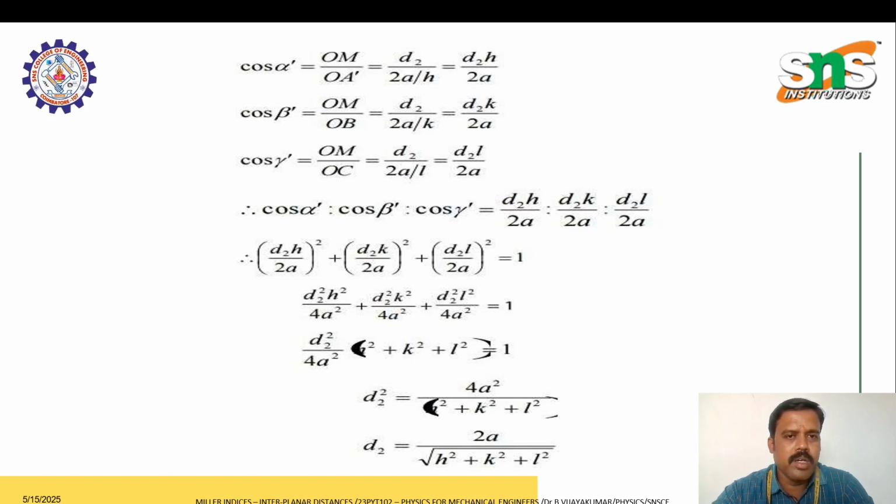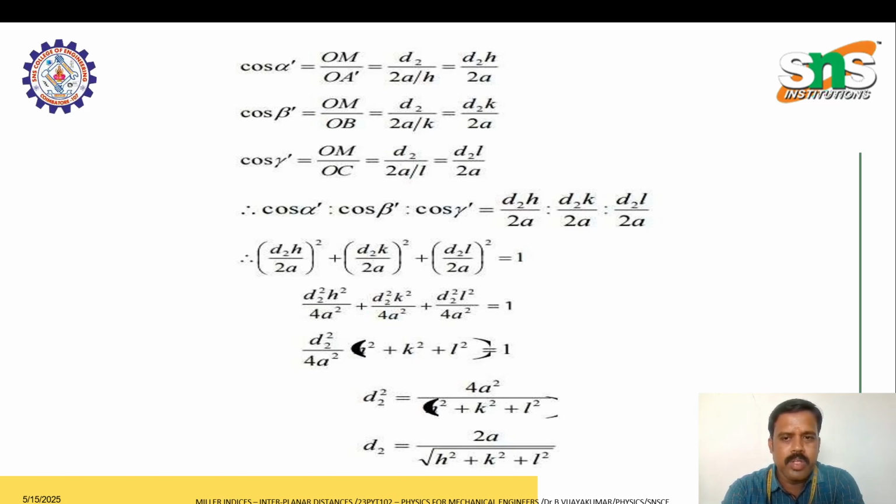Then cos beta is OM by OB and cos gamma is OM by OC. It is the same in each case, only h, k, l change, based on the angles alpha, beta and gamma. So cos alpha, cos beta and cos gamma are d h by 2a, d k by 2a and d l by 2a.